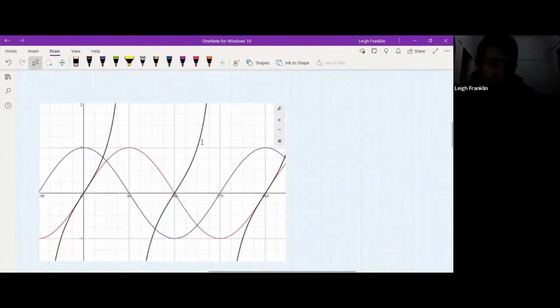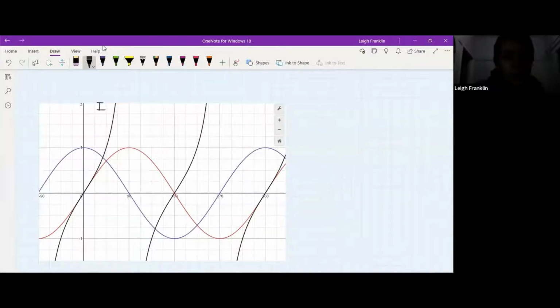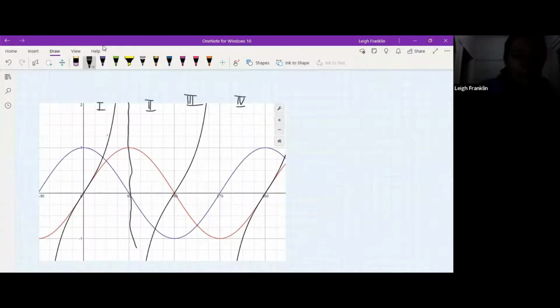And then our tan function, which I've got for you here in black, here is quadrant 1. Here is quadrant 2, here's quadrant 3, here's quadrant 4. So again, can you see that in quadrant number 1, up to this point over here, grade 11s, the tan function, the sine function and the cos function are all above the x-axis, they're all positive, right? Then in quadrant number 2, the tan function is below the x-axis.